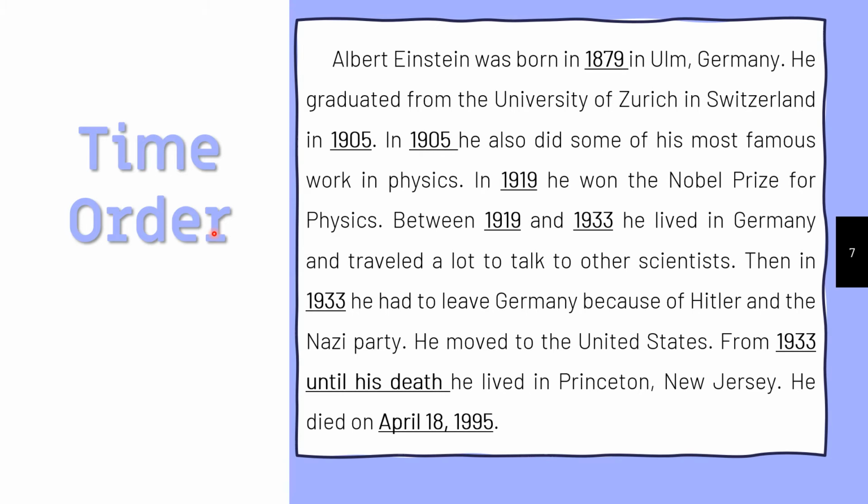Well, you can tell this because the signals in this paragraph are all dates. So those are the ones that we have highlighted. Each date points to an event, okay, a different event, when he was born, when he did some works.